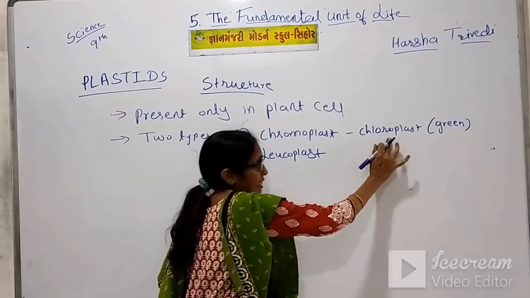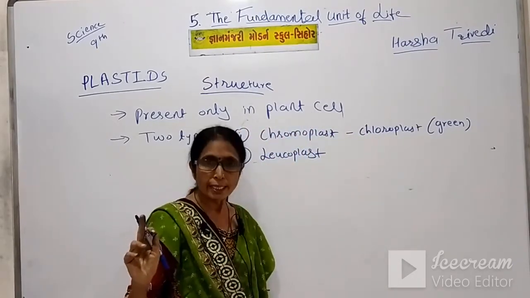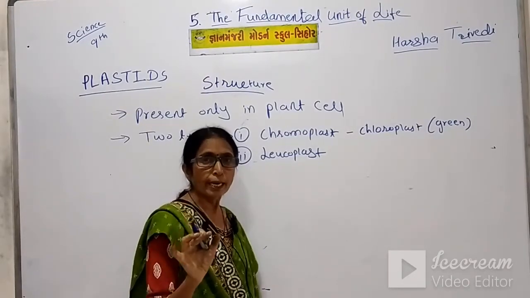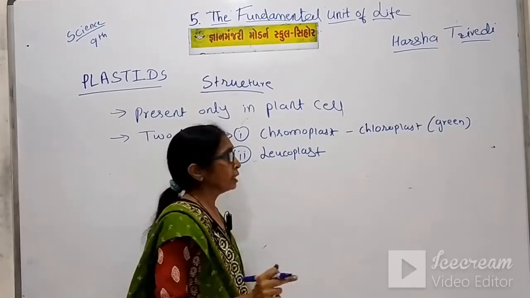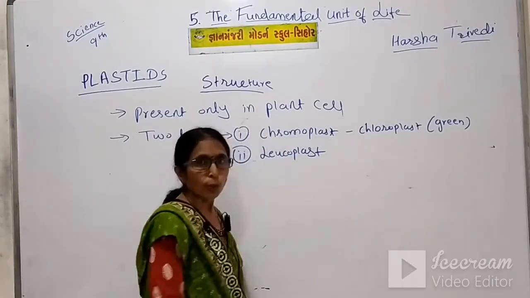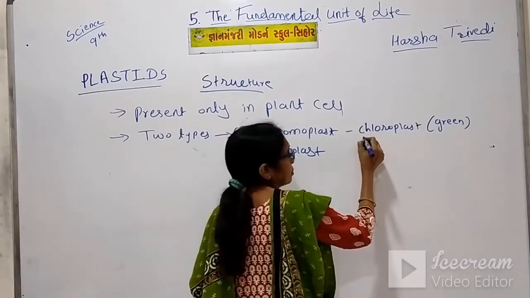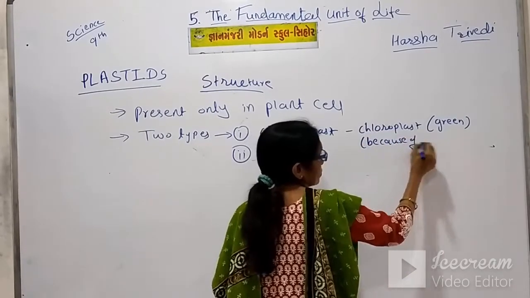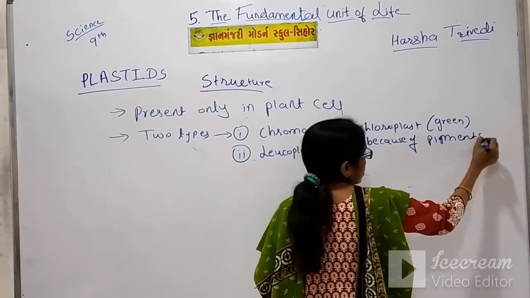So we can say chloroplast is a subtype of chromoplast. Chromoplasts are of different colors, and these colors of the plant are due to the chromoplast, but the special green color is called chloroplast. Why? Because of the pigment chlorophyll.